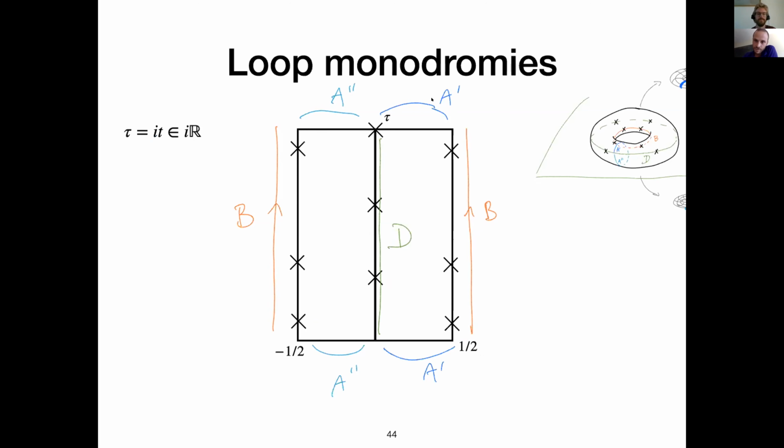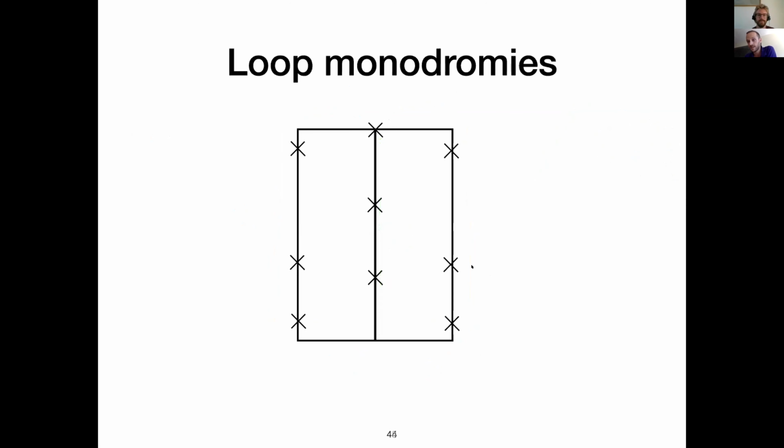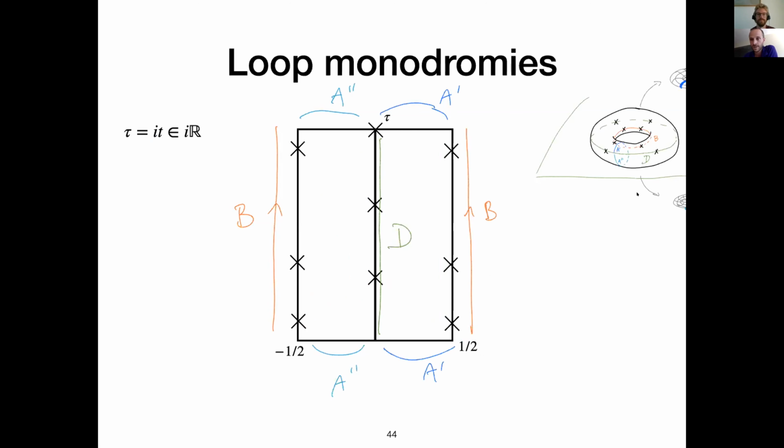The A prime cycle is up here and down here because it differs just by shifting by the B cycle. Same for double prime. D is this one, and B is, sorry, those two B cycles are one and the same. They're this orange cycle. They are identified. That's why the punctures here are in the same position, because they're just the same thing.